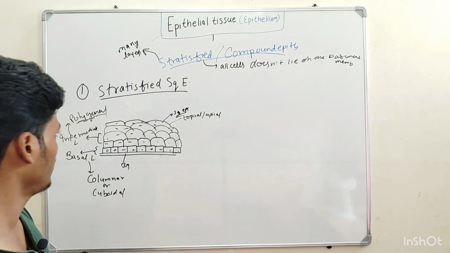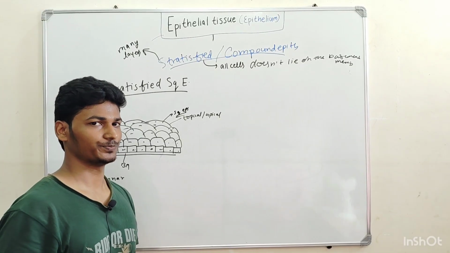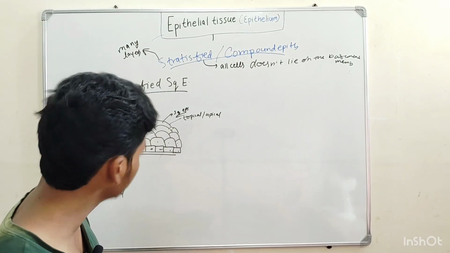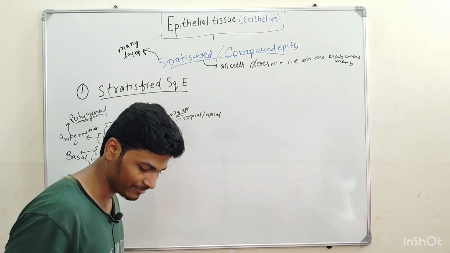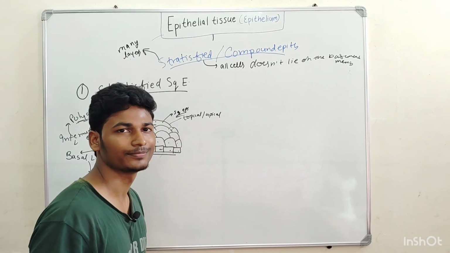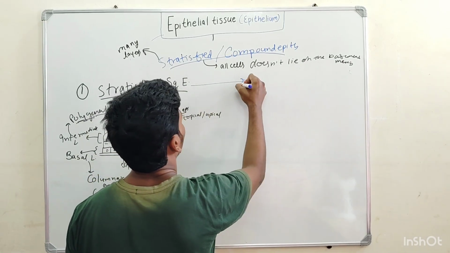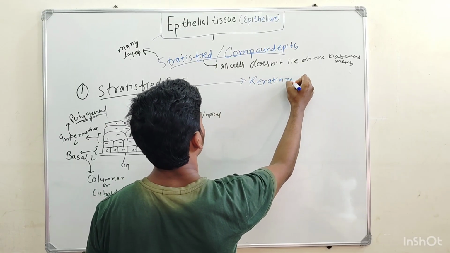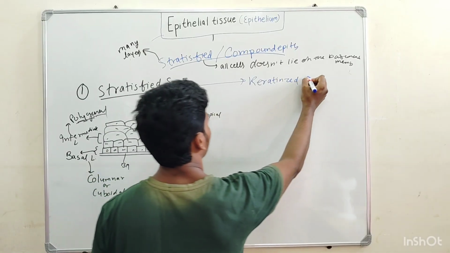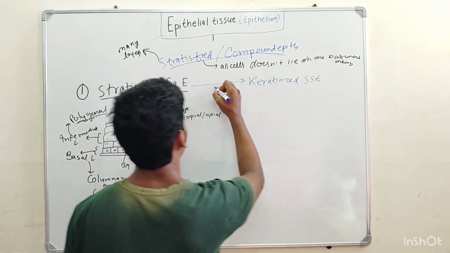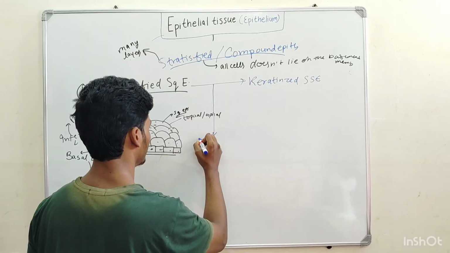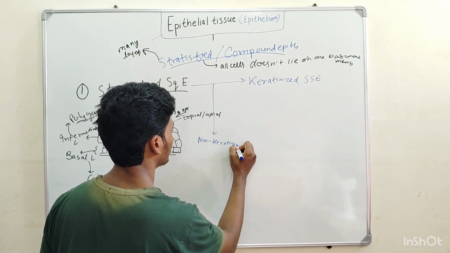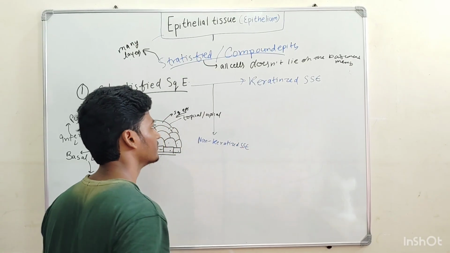Okay, so we should talk about examples also. But one thing you need to know is that the stratified squamous epithelium is also classified into two types on the basis of keratin. You know keratin. So on the basis of keratin, it is classified into two types. One is keratinized stratified squamous epithelium, and the other is non-keratinized stratified squamous epithelium.